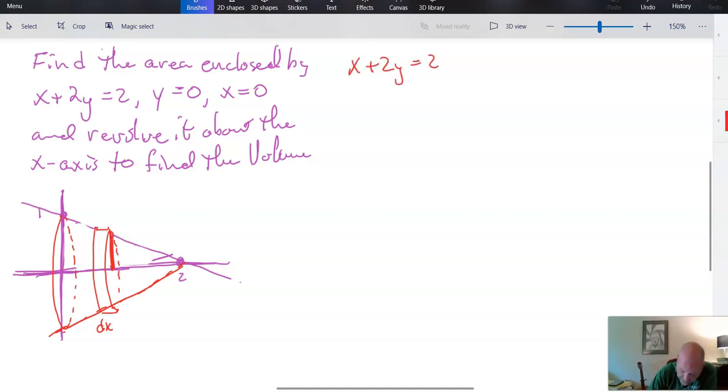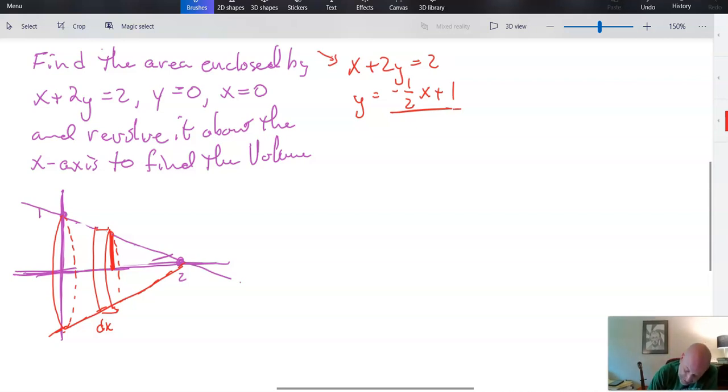If I solve this for y, it gives me y is equal to -1/2 x plus 1. So this would be our radius, because the y value is our radius. It's a little more hidden when this equation isn't written as a function, so we have to write it as a function.